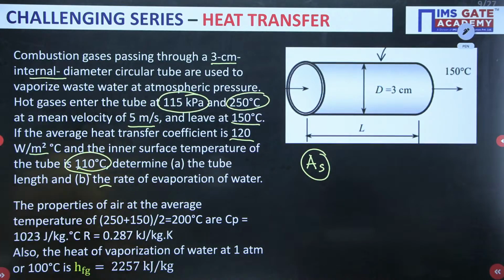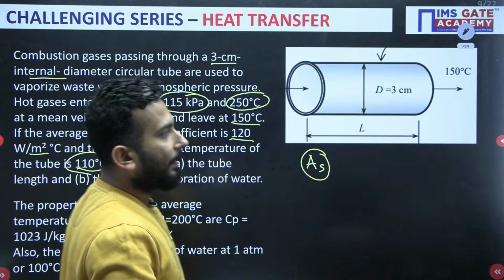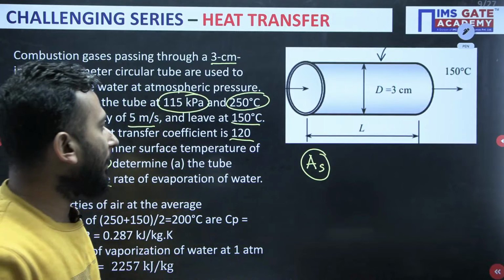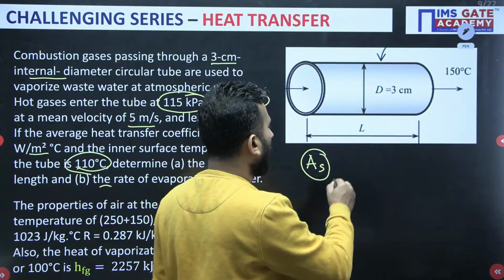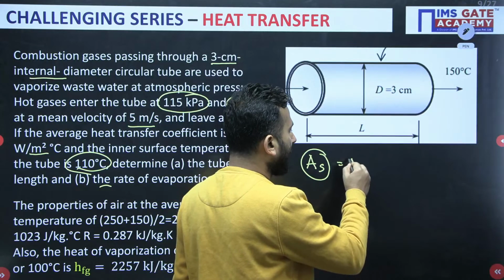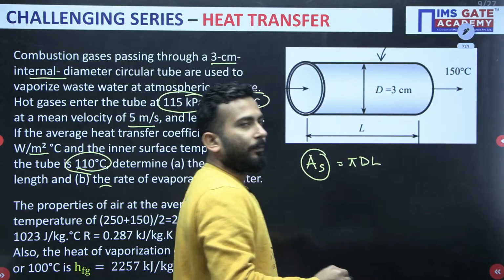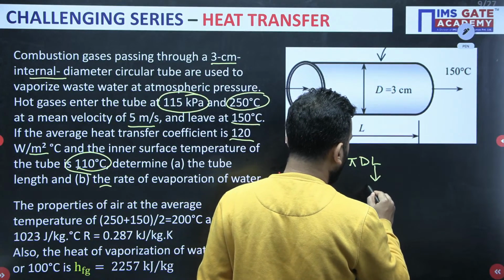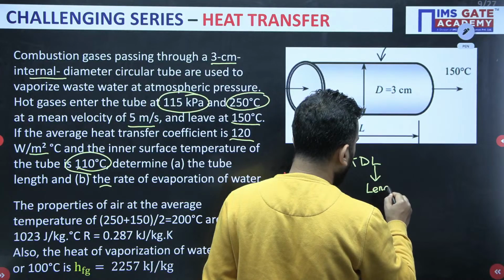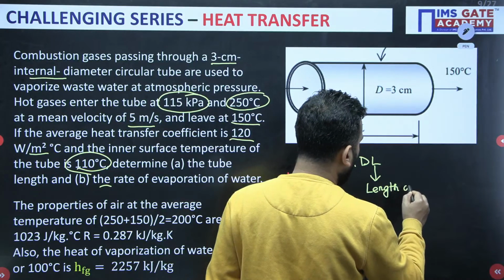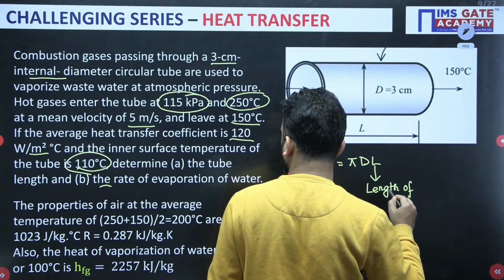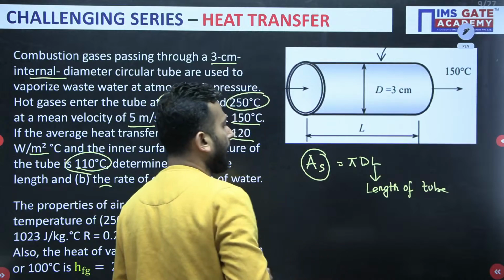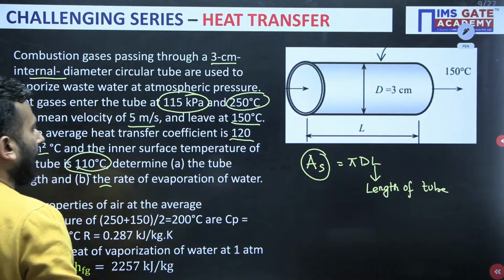If you somehow calculate AS, the area from which heat transfer is taking place, then we can very easily write it as pi D L, where L is the length of the tube. Diameter you know already, no need to find. And how to find AS?